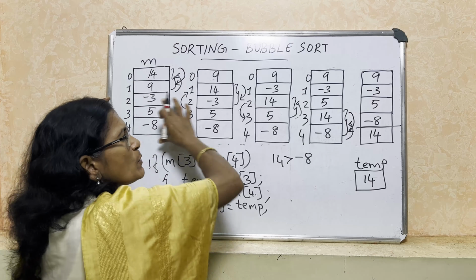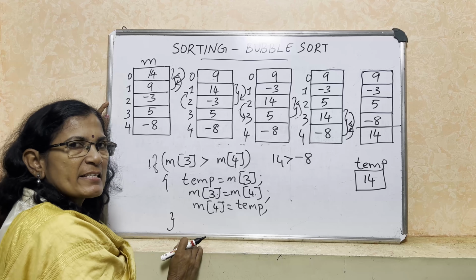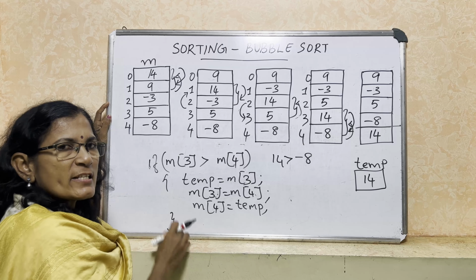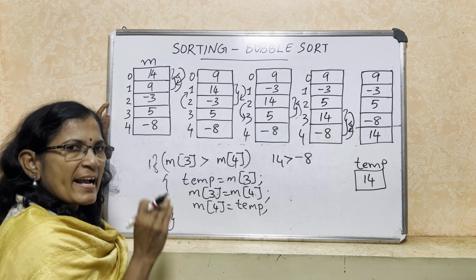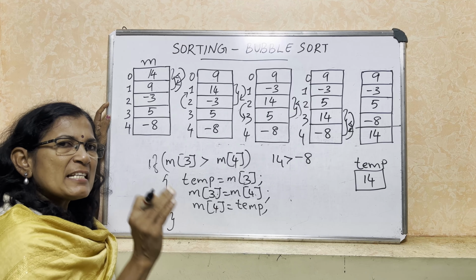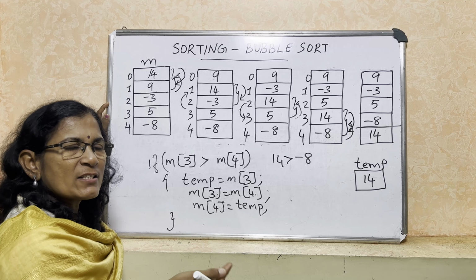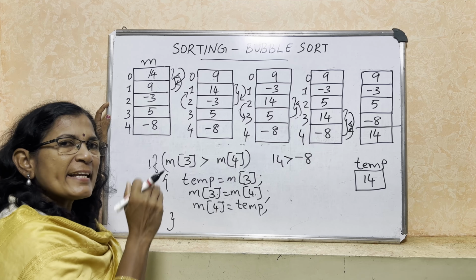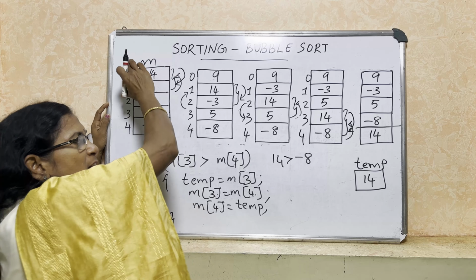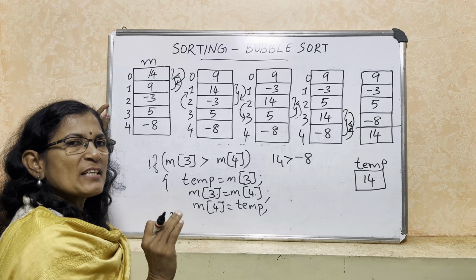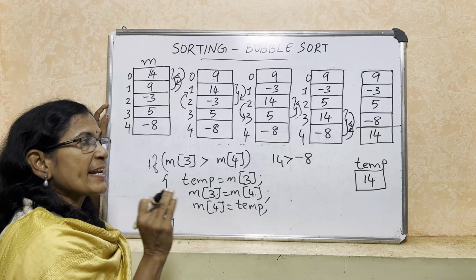After one round of comparisons, how many comparisons have we done? 4 comparisons we have done. Consecutive elements are accessed and compared. Whenever we found that the first element is greater than the second element, swapping operation was done. That means values are interchanged. So after 4 comparisons, we have got the highest element of the array placed in its correct position.